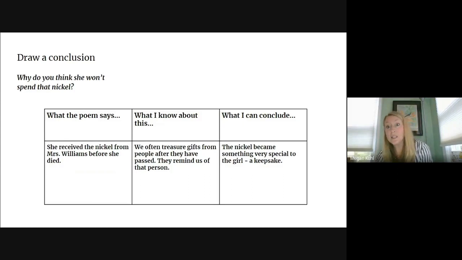So what I concluded was that the nickel became something very, very special to the little girl. And although a nickel might not seem like a lot, it's only 5 cents, she wasn't going to spend that nickel because it was special and it became a keepsake. And that's the title of the poem.